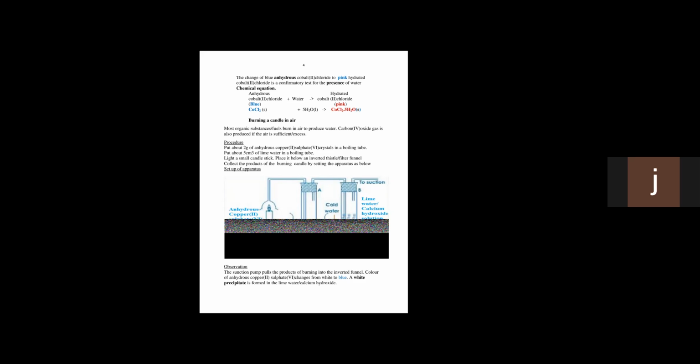Then under physical properties of water, we said water is a colorless, odorless, tasteless liquid, has a freezing point of 0 and a boiling point of 100 degrees Celsius at an atmospheric pressure of 760 millimeters of mercury.